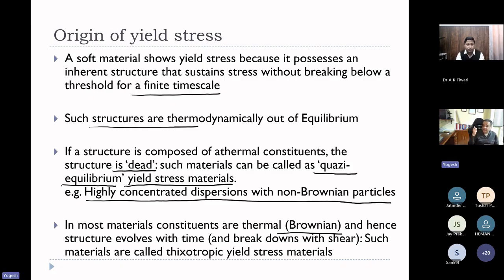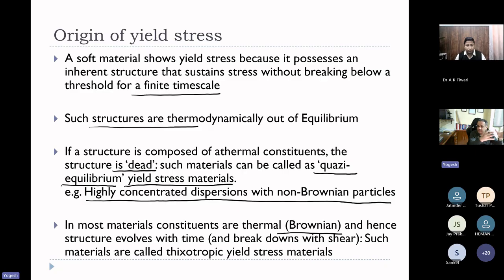If the constituents of a material are thermal, then they continuously undergo jiggling motion. And this jiggling motion is not just random, but it leads the system to travel. Its structure evolves in such a way that it goes towards equilibrium, because going towards equilibrium is a natural instinct of a material.